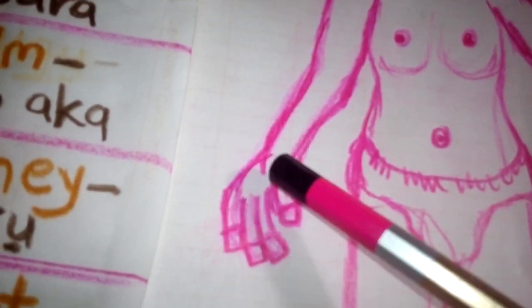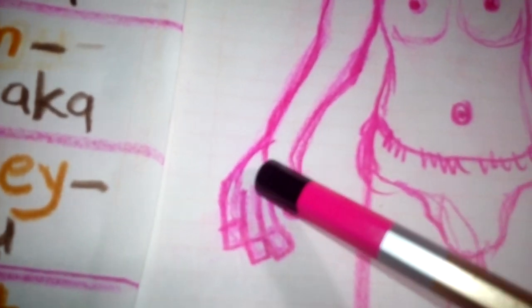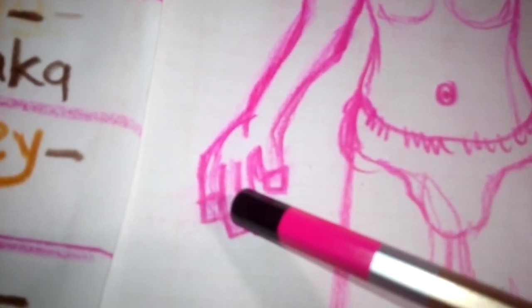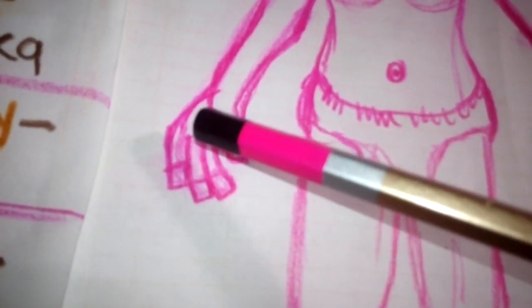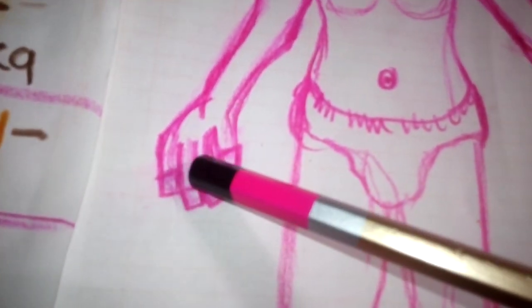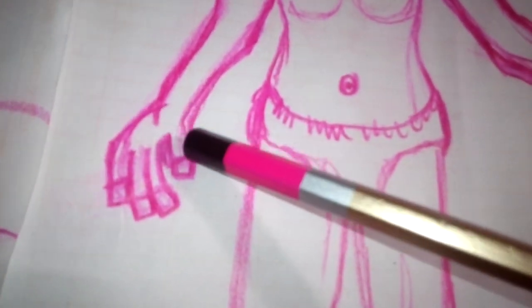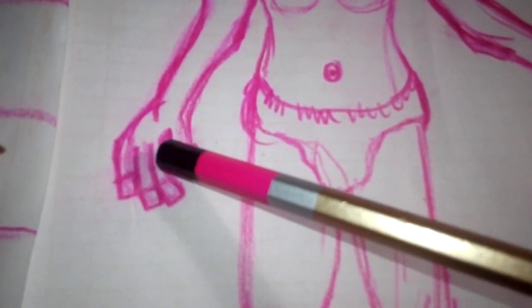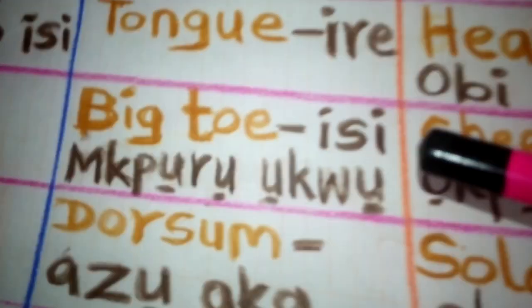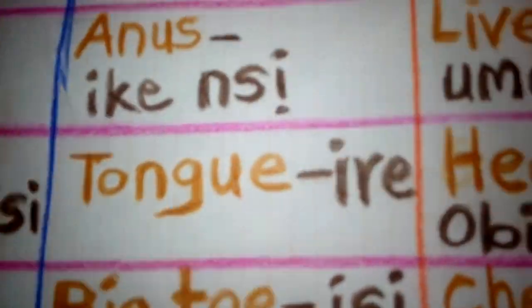English got it from a Latin word known as dorsum. That's the back of your hand. It's called azu aka in Igbo language.